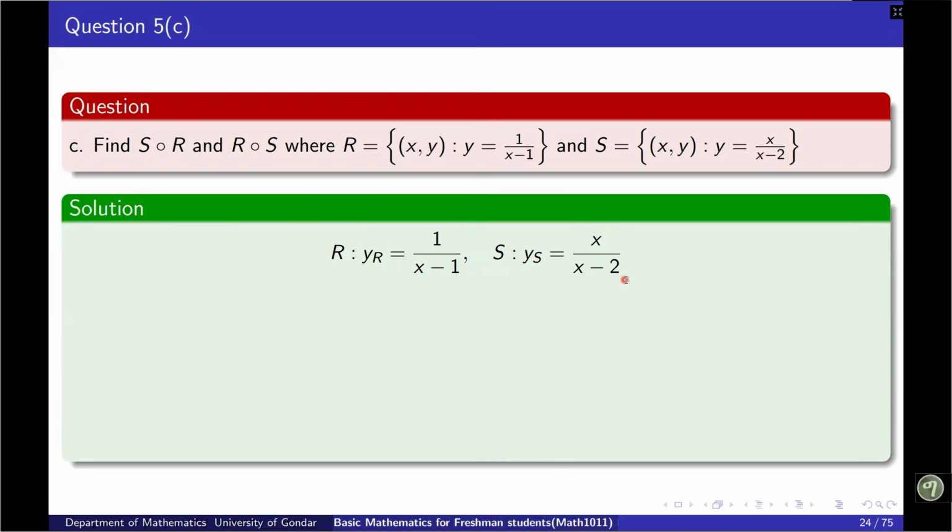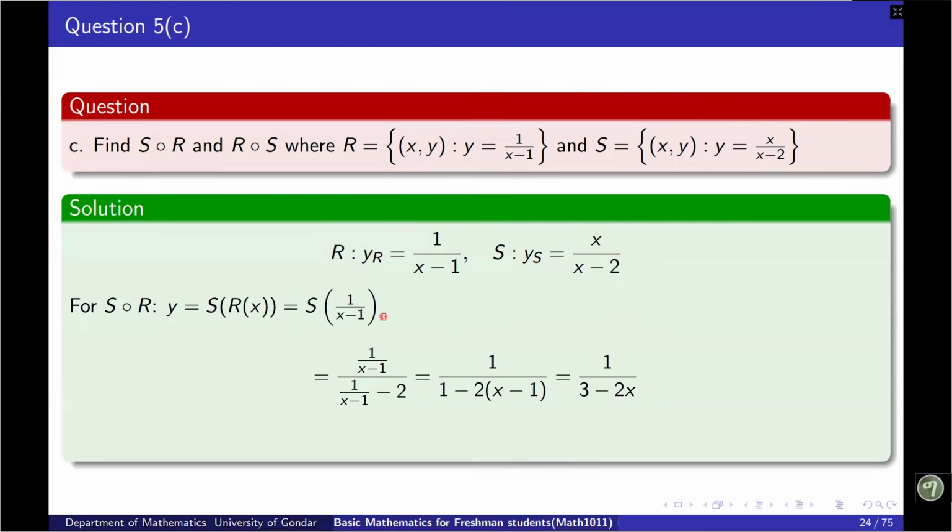Then the composition of these two, that is S composite of R, could be y is equal to S of R of x, which is equal to S of 1 over x minus 1, because R of x is 1 over x minus 1. So this could be further simplified, because S of the input is the input over the input minus 2.